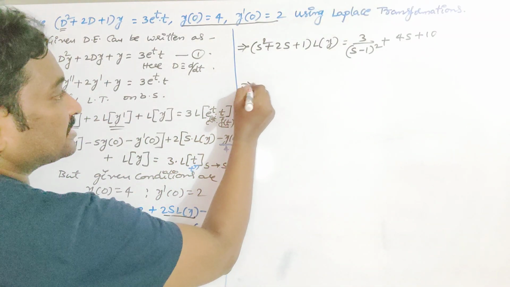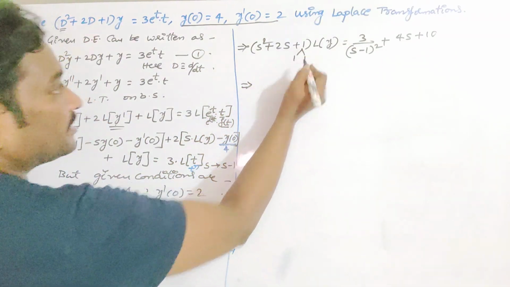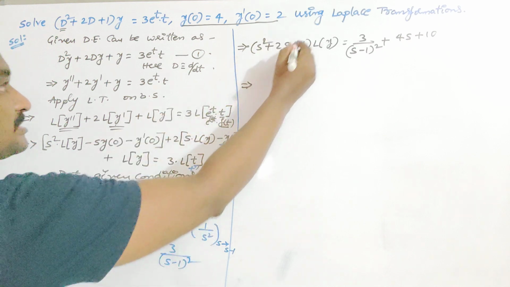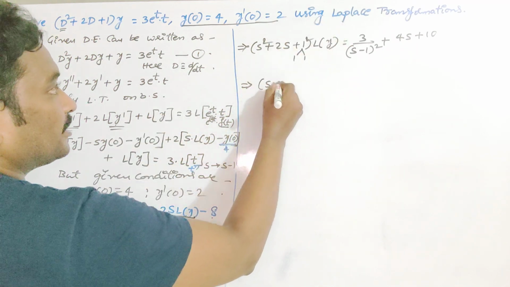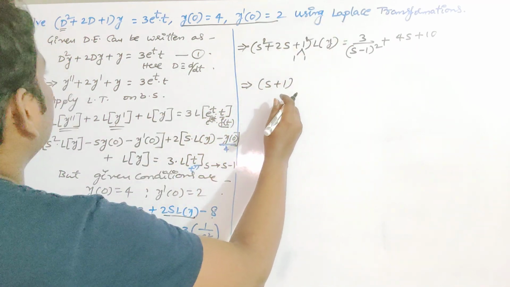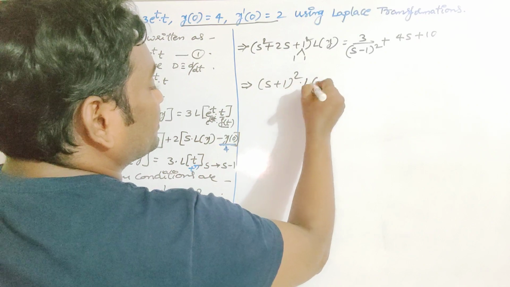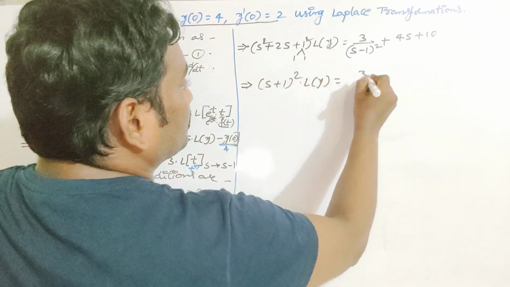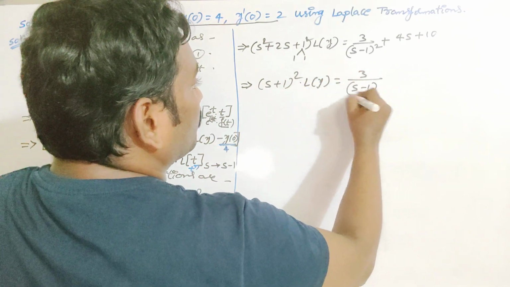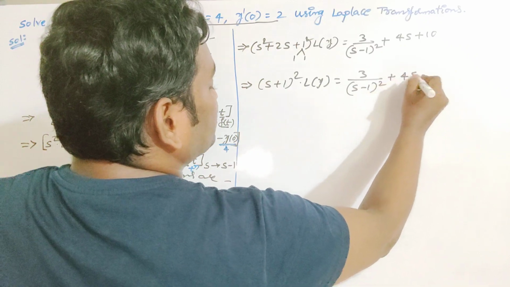Also we observe that the left side is in the form of a square plus 2ab plus b square. So we can write this as (s plus 1) whole square into L of y is equal to 3 by (s minus 1) whole square plus 4s plus 10.